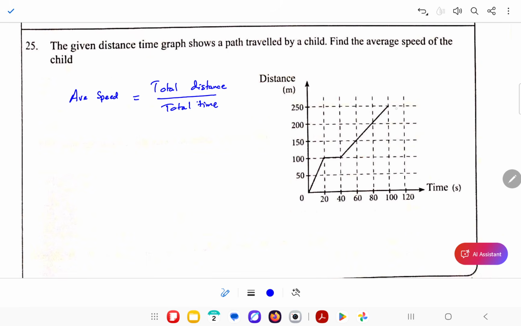So total distance is 250, right? This, no. So total distance is 250. Total time is 100. So 250 over 100. So 2.5 meters per second is the average speed.